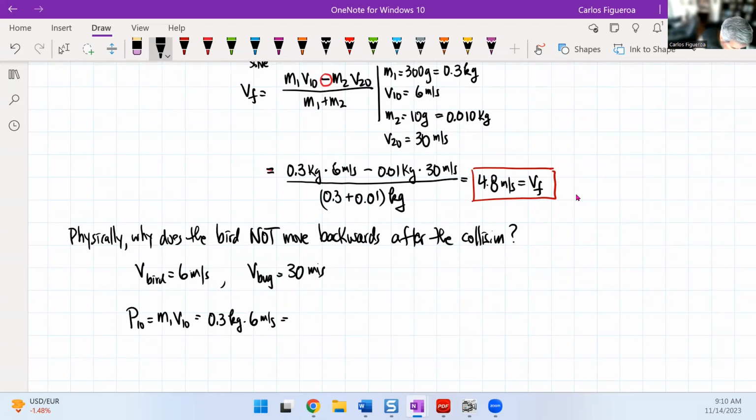If I multiply these out, that's got to be 1.8 newton-seconds. And if I look at the momentum of the bug, even though it's going faster, its mass is much smaller here.